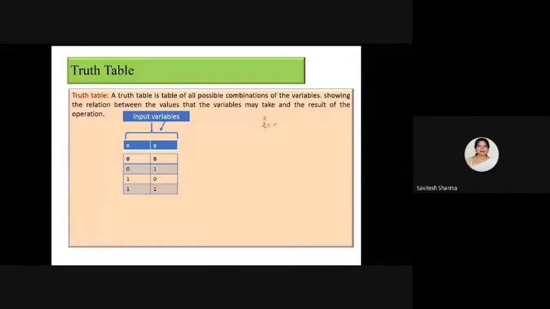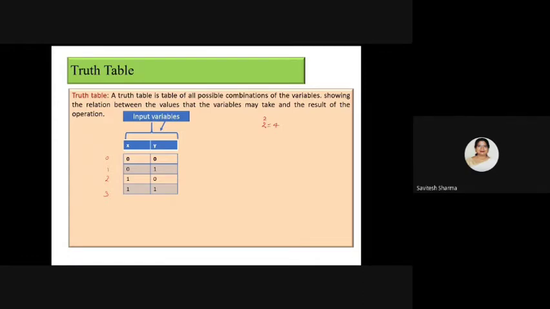So 4 possible combinations you will show in the truth table. What are the 4 combinations? In decimal you can write 0, 1, 2, 3. So the first is 0 0, the second combination is 0 1, the third is 1 0, and the fourth combination is 1 1. So in the truth table you will write all possible combinations.